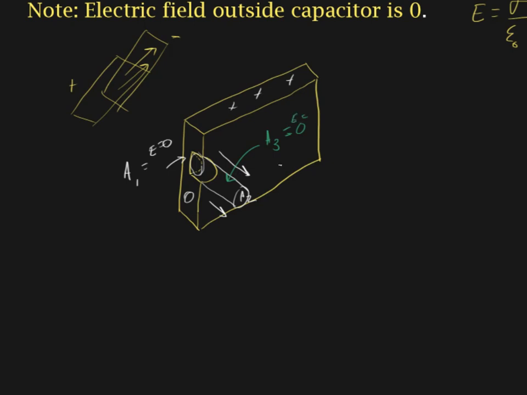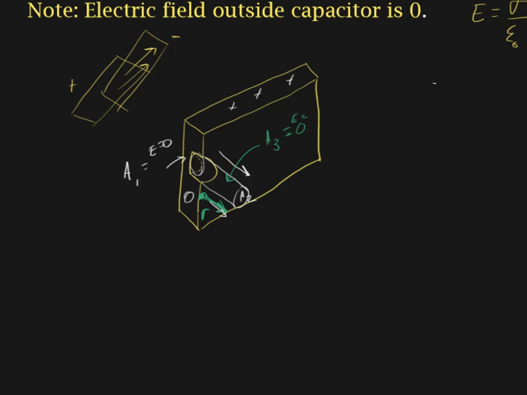Okay, so we can't have everything going to 0, otherwise this is never going to work. So you might want to think of it as the distance r from the surface to where we are trying to find the electric field in between the two plates. So we're not trying to find the electric field at either surface, we're just trying to find the electric field in between the two plates.